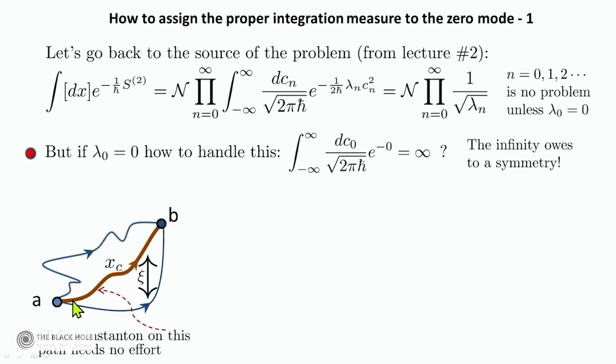Where is the origin of that? It could be here, here, here, anywhere along this path, and there are an infinite number of positions over there. So the fact that there is a symmetry, time translational symmetry, has given us a headache. It's given us an infinity to deal with.